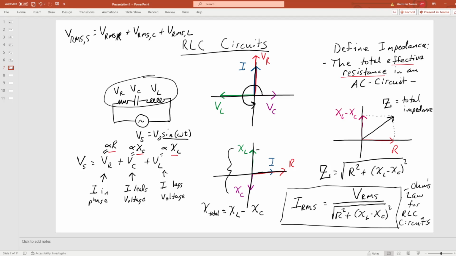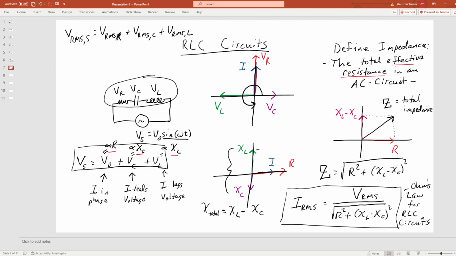Okay? And notice that we're basically using all of the principles we've used before. We're using Kirchhoff's loop rule here. It's just a series circuit, so we don't have to worry about junction rules. Now, of course, you can arrange these elements in various complex ways. There's no question of that.